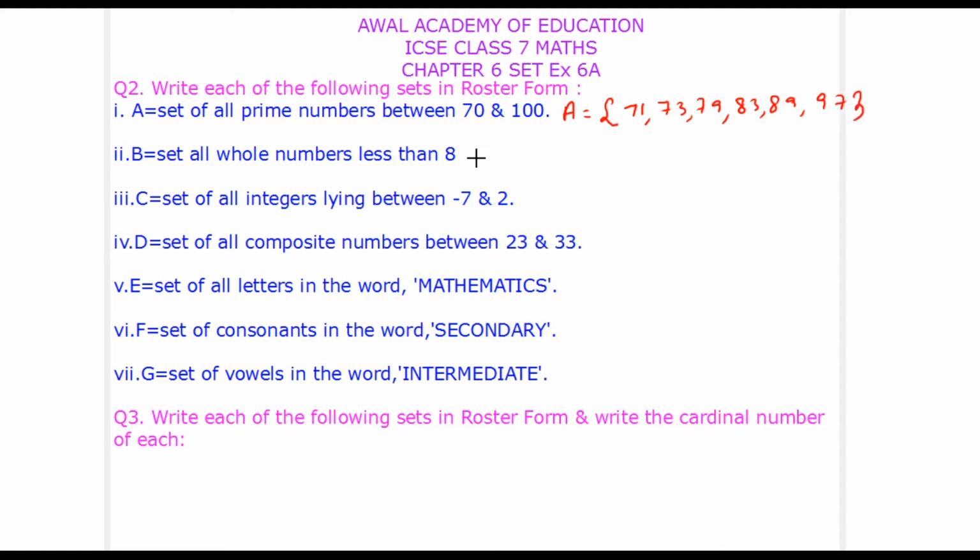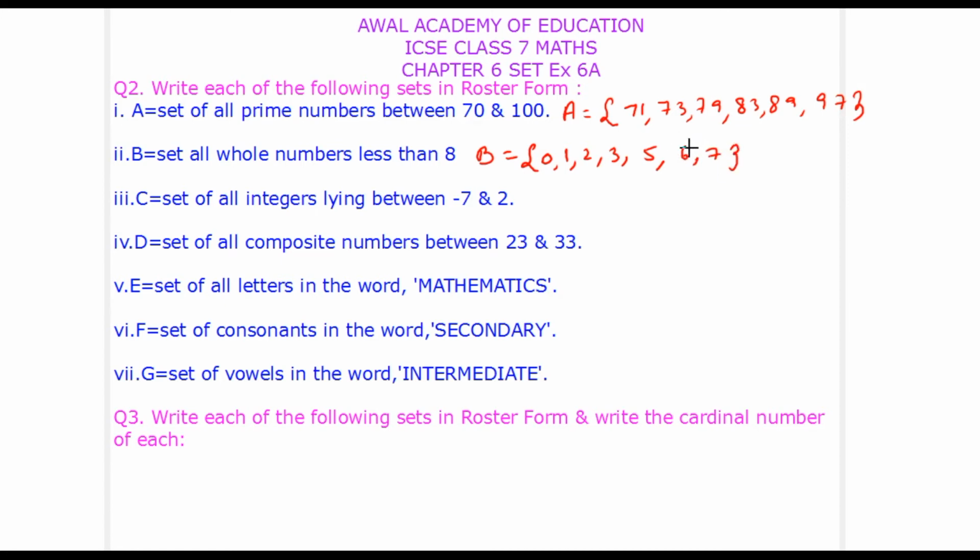B is a set of all whole numbers less than 8, not including 8, so B would become B equal to, within braces, 0, 1, 2, 3, 4, 5, 6, 7.